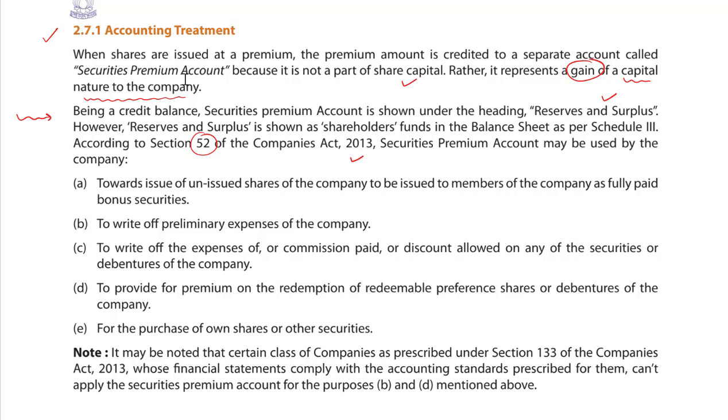Securities premium account may be used by the company, first, towards issue of unissued shares of the company to be issued to members of the company as fully paid bonus securities. Next, to write off preliminary expenses of the company, to write off expenses of commissions paid and discount allowed on any of the securities or debentures of the company, to provide for premium on the redemption of redeemable preference shares or debentures of the company, and for the purchase of own shares or other securities.